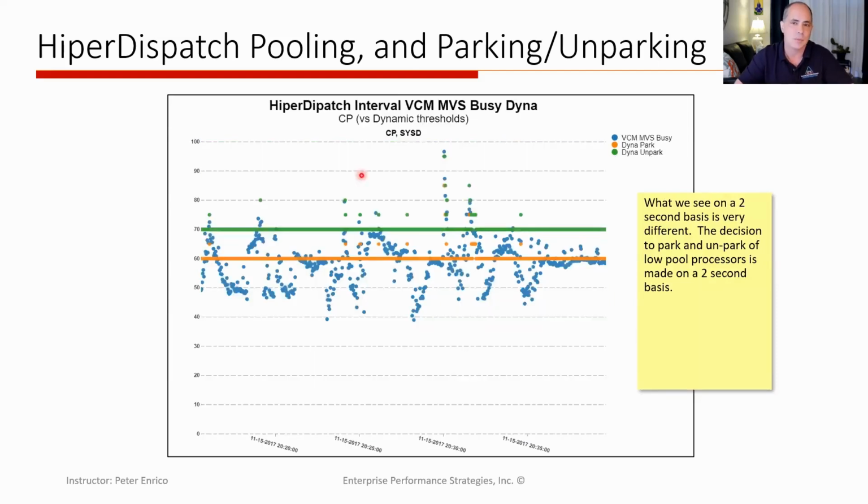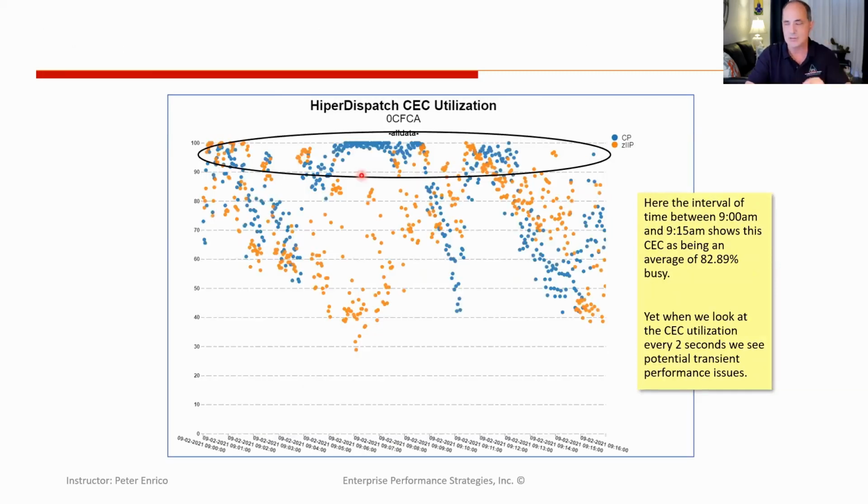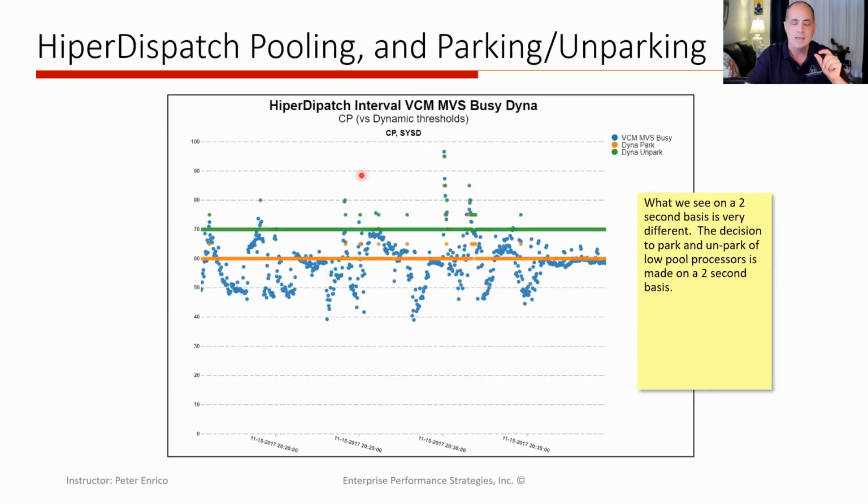And that's because when we look at it from a CPU utilization point of view, what the 99 subtype 12s also give us is the utilization of the MVS system. In the previous slide, this was the KEC utilization. This here is the LPAR's utilization every 2 seconds, and that's what the blue is.